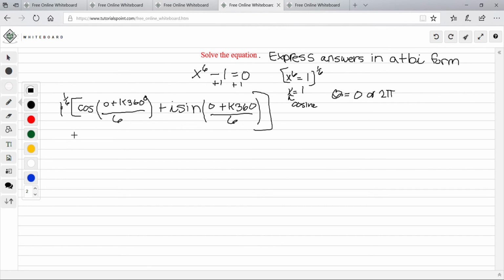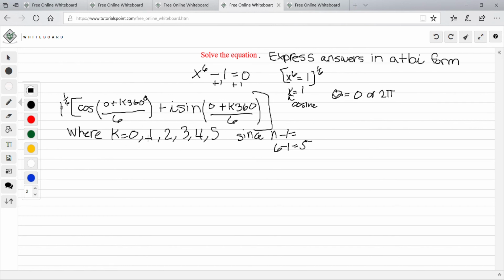Okay, so where k equals 0, 1, 2, 3, 4, and 5, because n minus 1 equals 6. So we know that n is 6 minus 1 equals 5. So we should have a total of 5. Actually 6, including 0. It should end at 5, but has a total of 6. So 1, 2, 3, 4, 5, 6.